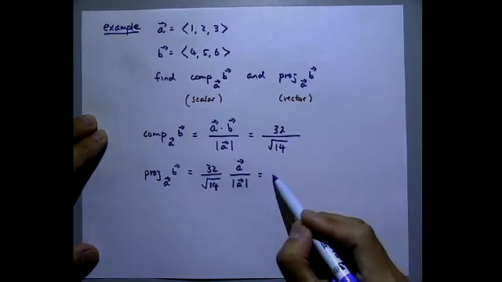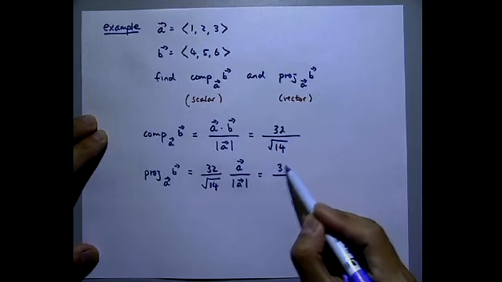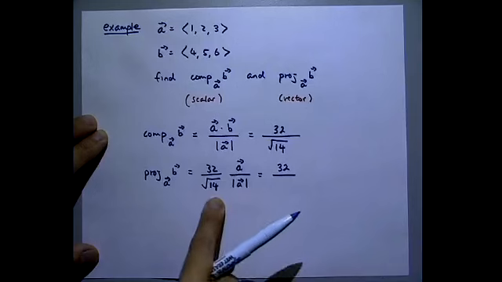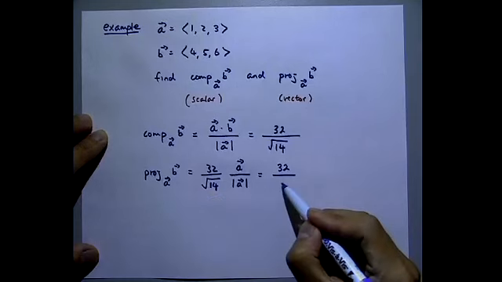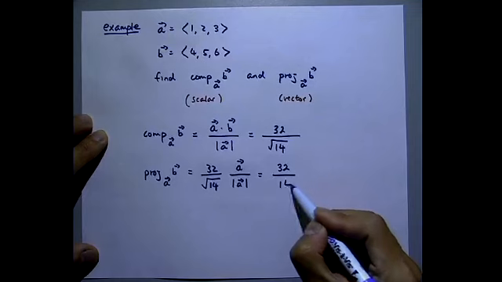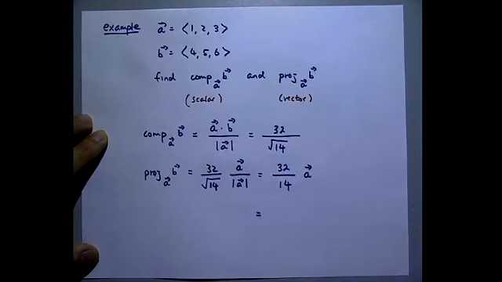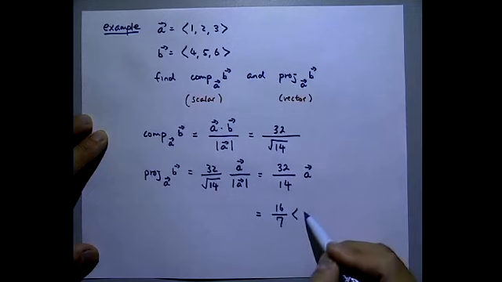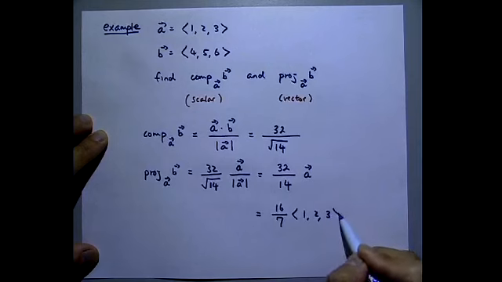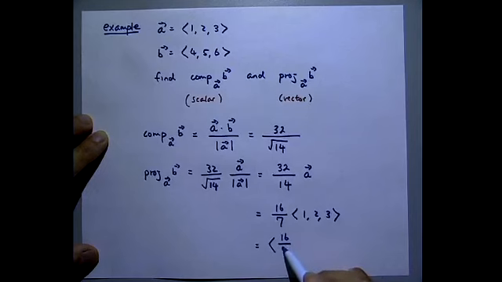And so what do we have here? 32. This is another radical 14. So that's just 14, right? Times A. So what would we get? We get 16 over 7, 32 over 7, and 48 over 7.